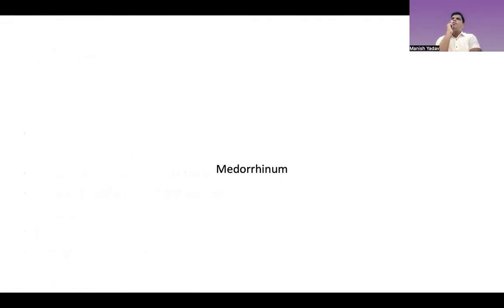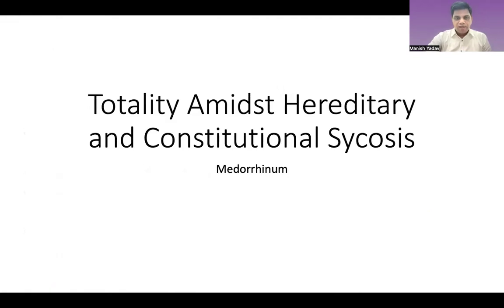Then you'll think, no, this is not Medorrhinum. No, it is Medorrhinum only because they are hot, but sensitive and susceptible to cold. Though because their extremities are cold, they will crave warmth more and more. So now here we stop the hereditary psychosis.